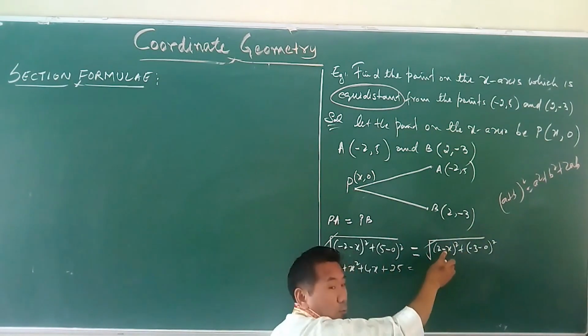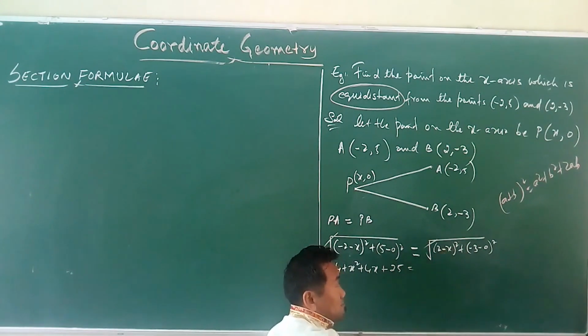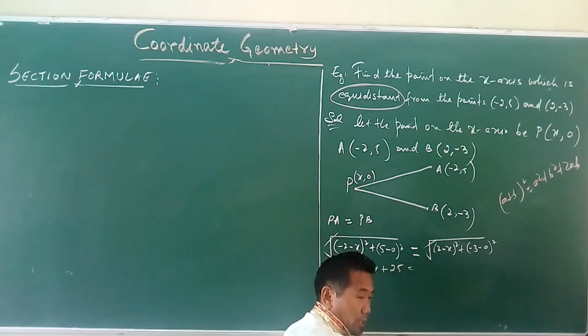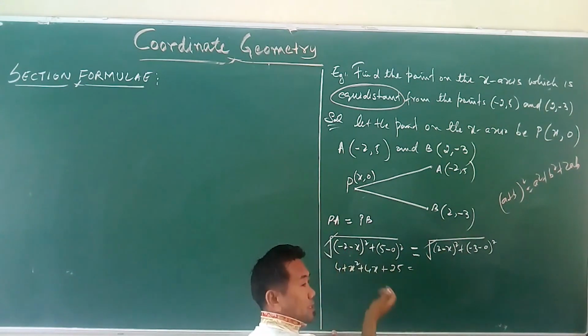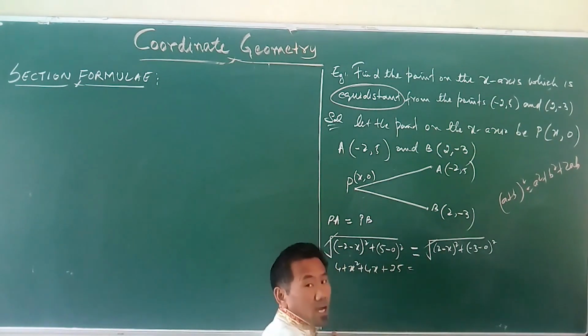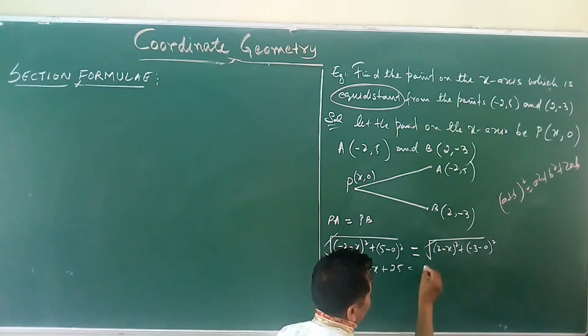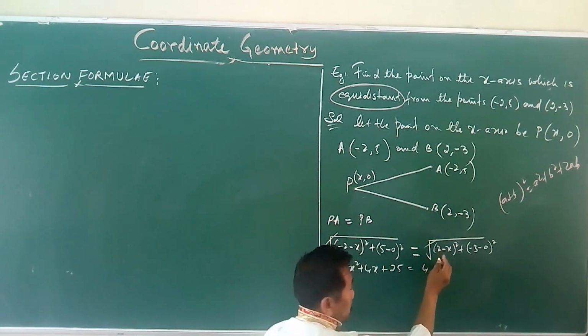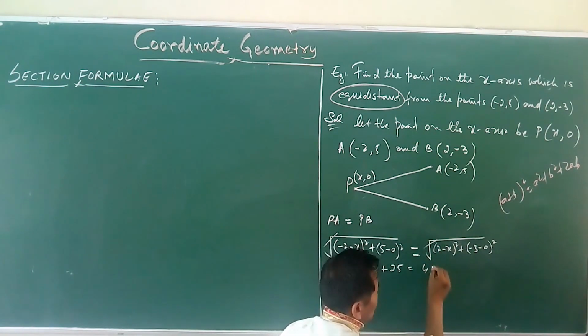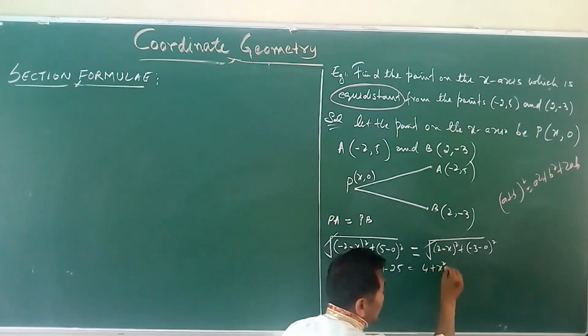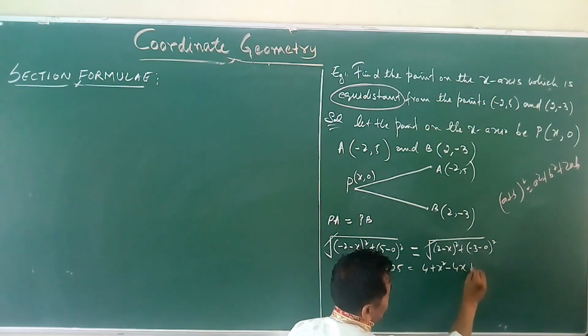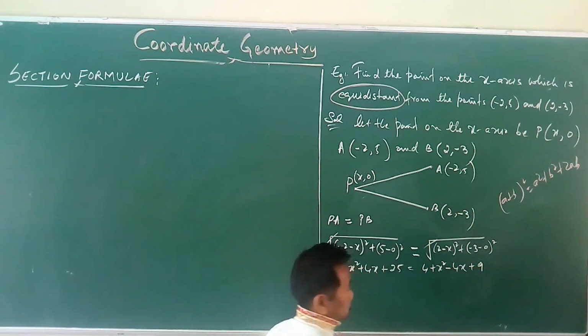On the other side, exactly the same, but here we have a negative sign, so the negative term is minus 4x: x square minus 4x plus 4, plus 3 threes are 9.